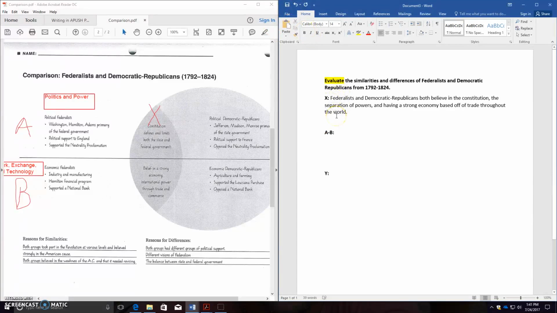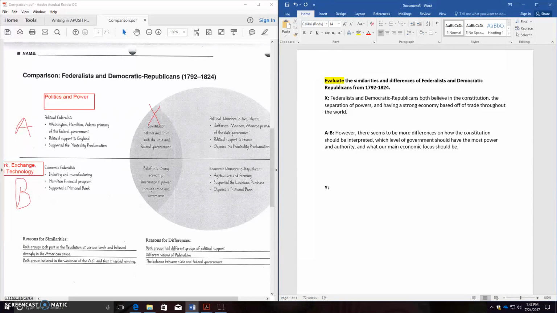So I wrote that, however, there seems to be more differences on how the Constitution should be interpreted, which level of government should have the most power and authority, and what our main economic focus should be.